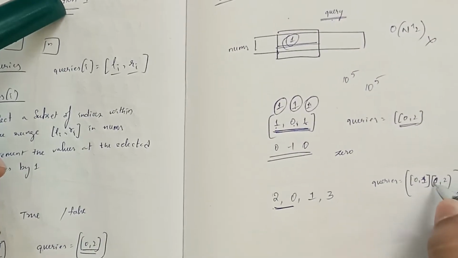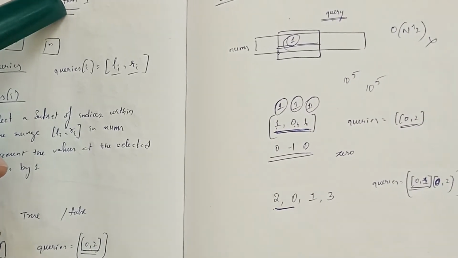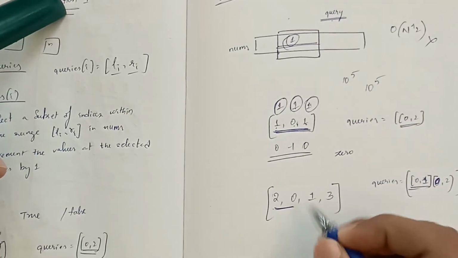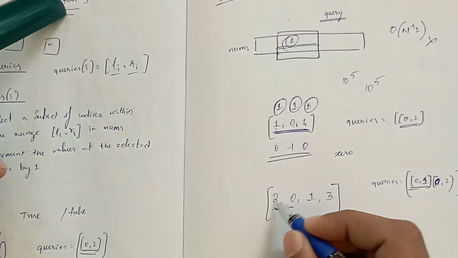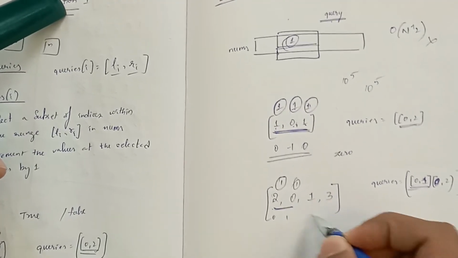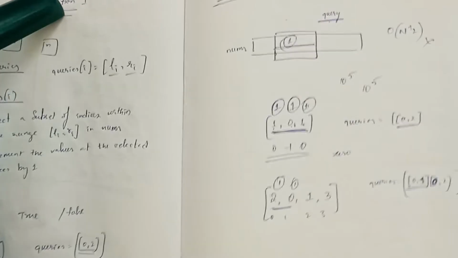So let us consider 0 to 1 and 0 to 2 as the queries. If we consider this as nums, we decrement these indices by 1, 0, 1, 2, 3.